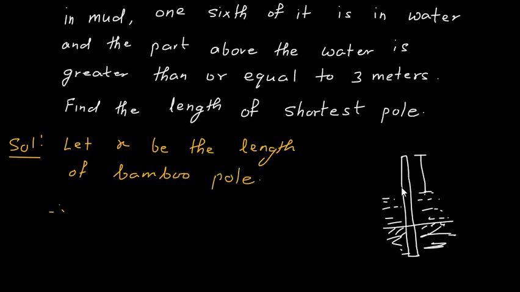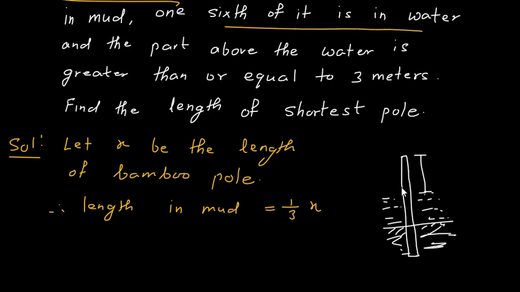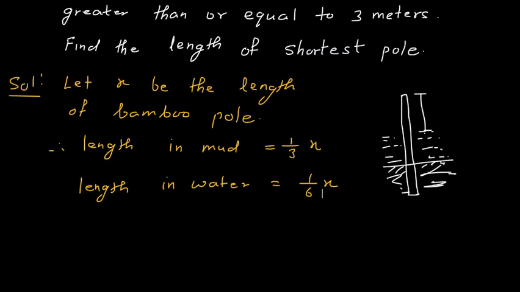So therefore length in mud, so 1/3. Okay, so length in mud is (1/3)x, and 1/6 of it is in water, and the length in water, it is (1/6)x, and the remaining is greater than or equal to 3.